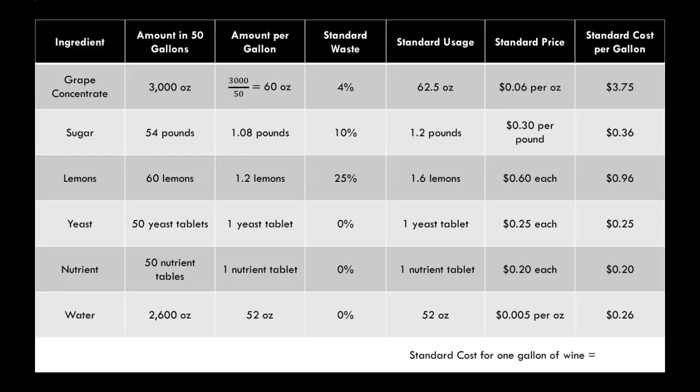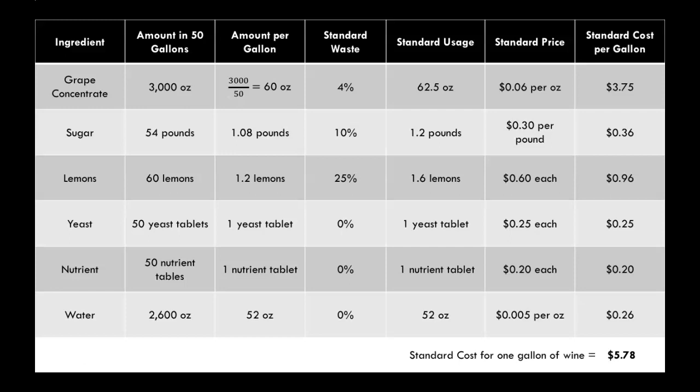Then our standard cost for 1 gallon of wine is just going to be the sum of that last column, right? So 3.75 plus 0.36, and we add up all of those amounts. We can see that the standard cost for 1 gallon of wine is $5.78. So you could expect that 1 gallon of wine will cost you $5.78.